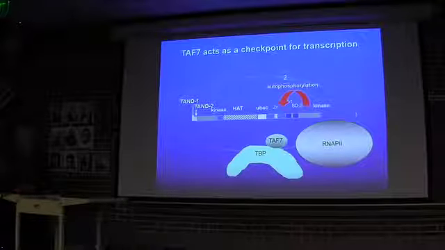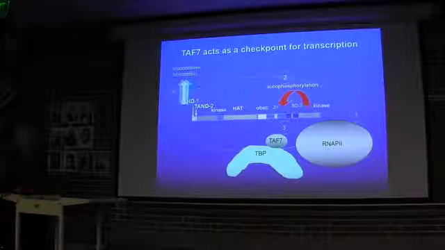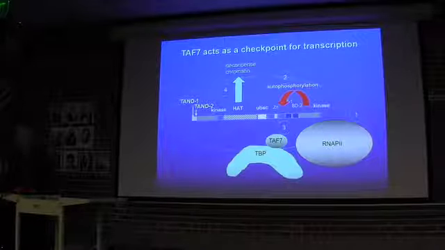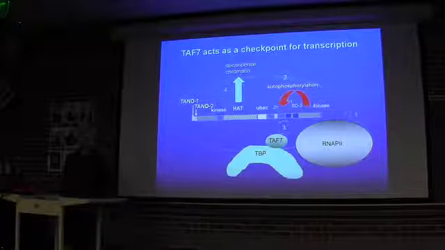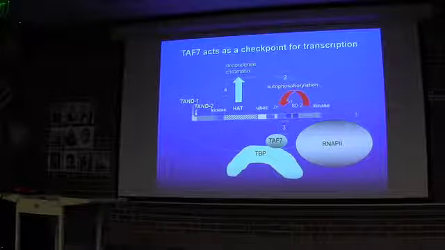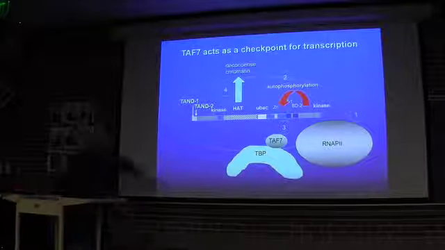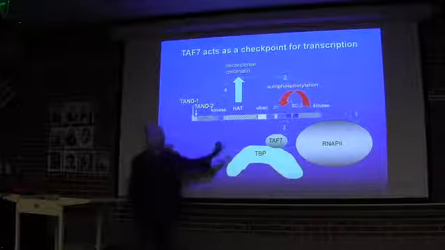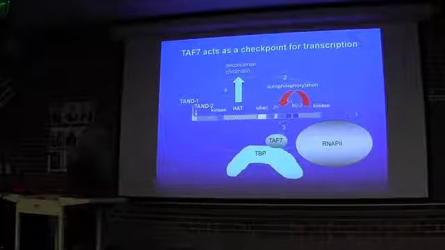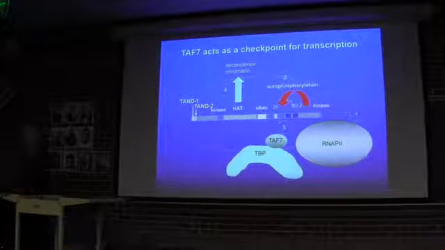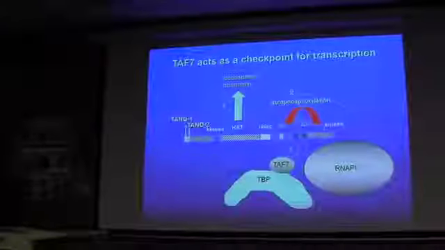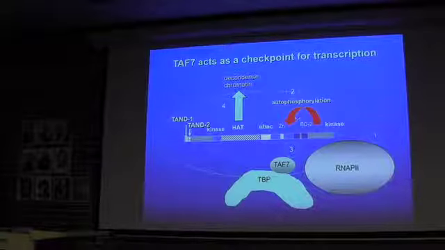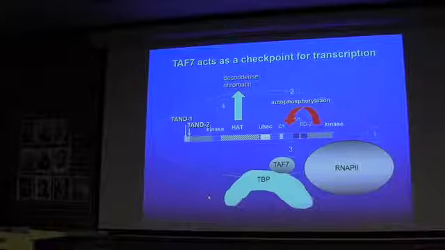That's so you don't do that too early, apparently, who knows. And you can now have HAT activity. HAT activity also is masked by TAF7. Both of those things are prevented before the arrival of RNA polymerase itself. Arrival of polymerase triggers autophosphorylation, which gets rid of this masking agent, TAF7. So now these other two enzymatic activities can be expressed.